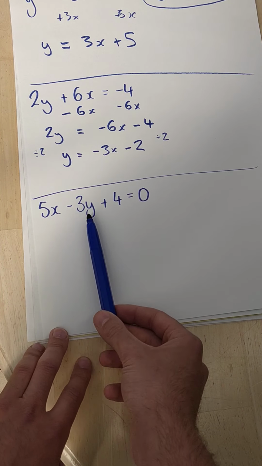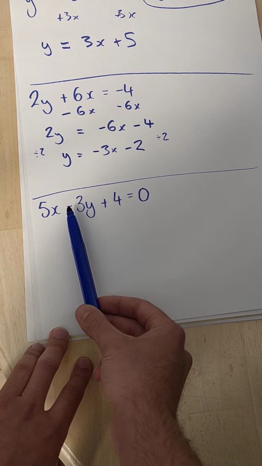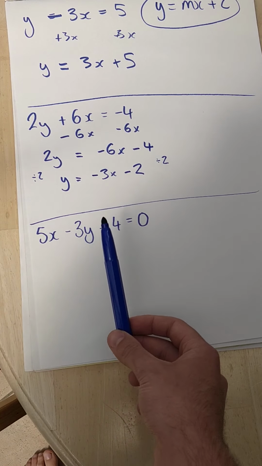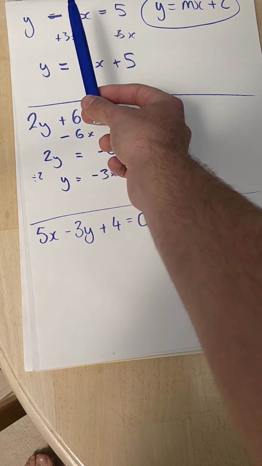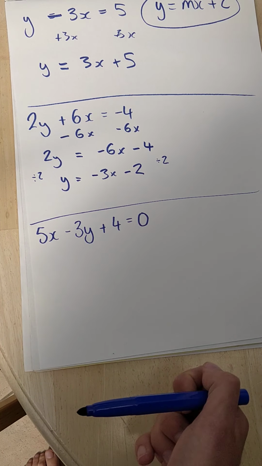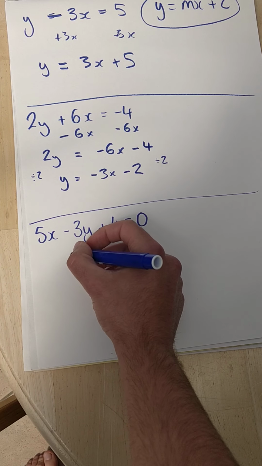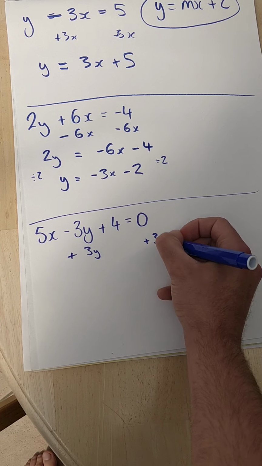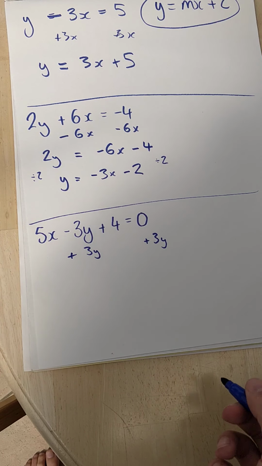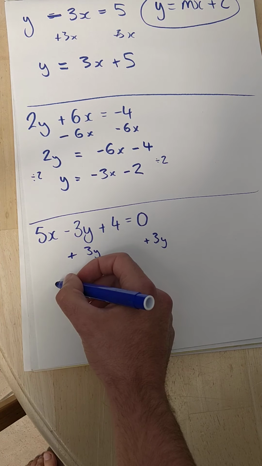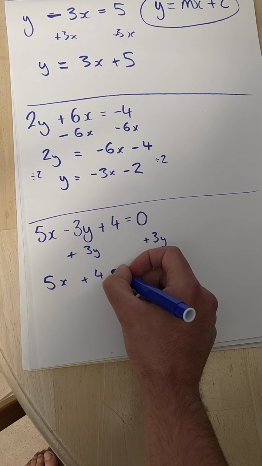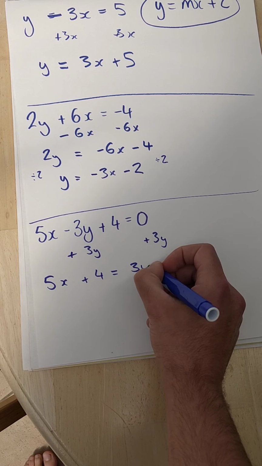I've currently got this minus 3y here, and to get the y on its own is always the first thing I've done with these two examples. So in this case, I'm going to add 3y to both sides. Adding 3y to both sides gives me 5x plus 4 is equal to 3y.